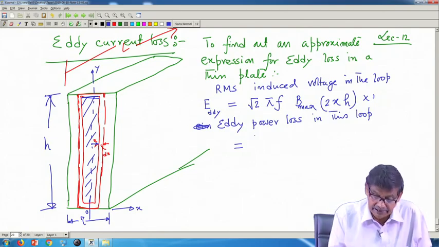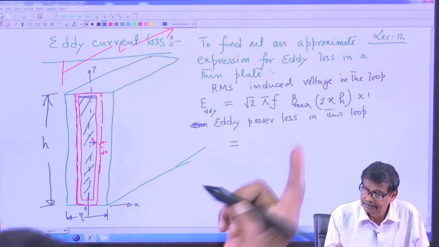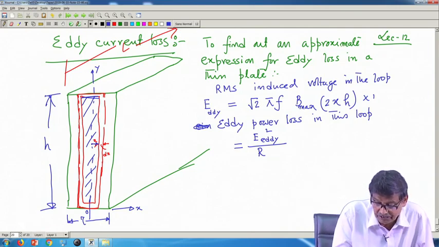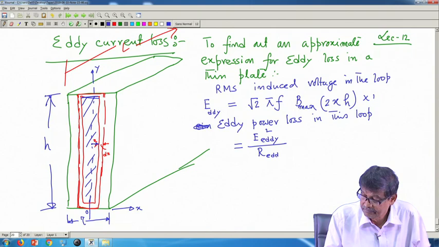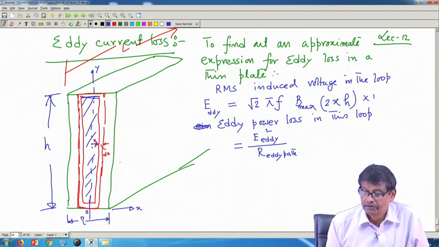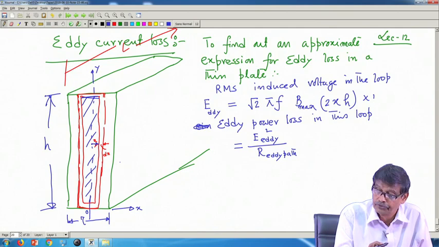if you neglect the reactance of this loop, only resistance, single turn. So, E eddy square divided by the resistance of this path. This will be the power loss, V square by R, what else, because the circuit is closed.